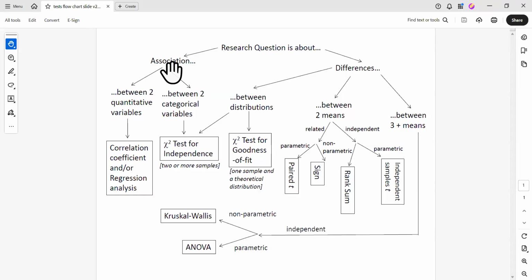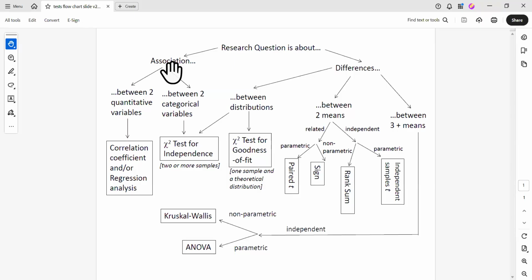On the related side, the arrow splits into 2 other choices, and those are labeled parametric to the left and to the right, non-parametric. The parametric test for related means, when there's only 2, is our paired t-test. The non-parametric test for related means is the sign test.